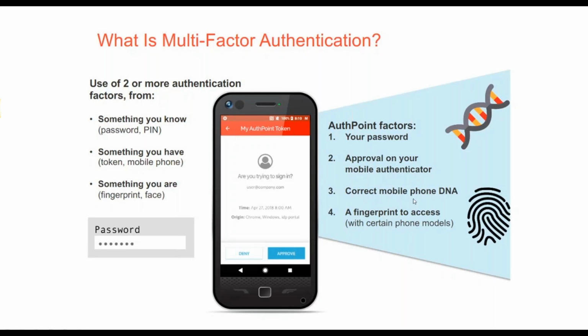The correct mobile phone DNA. This is taking into account the information of the device itself, so if the device or the phone is cloned, the attacker cannot use that. Fingerprint to access, which is available with certain phone models.